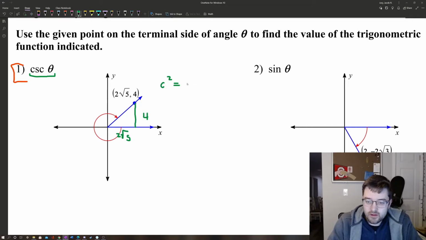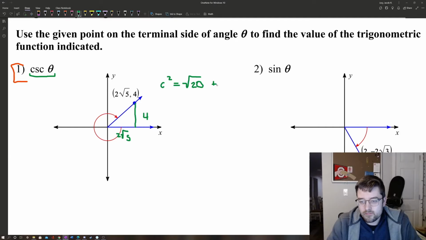So c squared is going to be equal to, I'm going to go ahead and write it as square root of 20, because that's what 2 radical 5 is, squared, plus 4 squared. So c squared is going to be equal to 20 plus 16, and that means c squared is equal to 36.